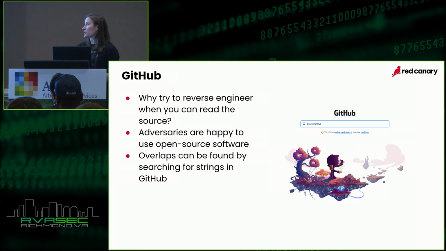GitHub might be a good first place to start looking, because if you find code that looks similar, you can then read the code and compare that to what you're seeing in your EDR telemetry or your malware sandbox, and have this level of confidence that these are the same things. And now you don't have to reverse engineer, you just get to read their source code.